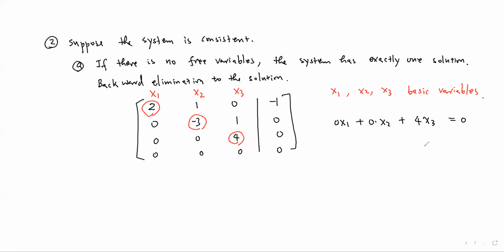This equation has a solution. So this equation actually is this: move 4 to the right side, then x3 is 0. The equation has a solution, and the solution is 0.